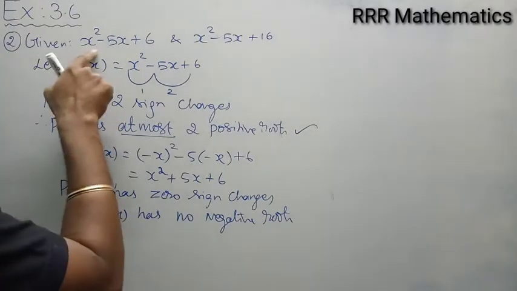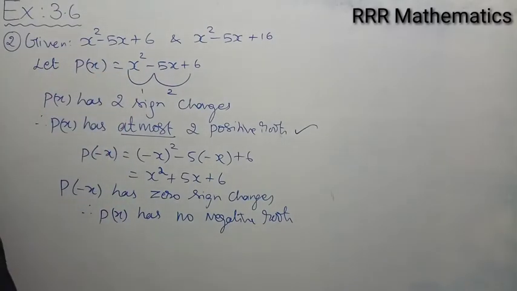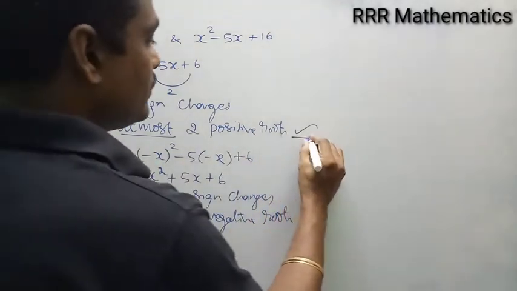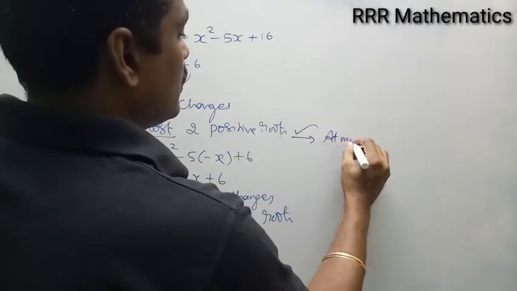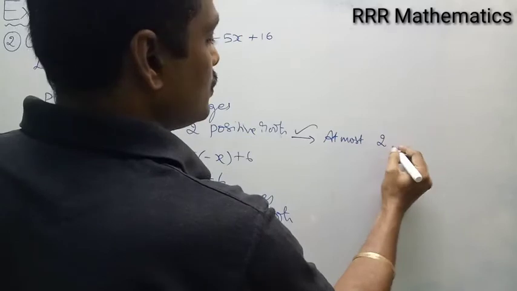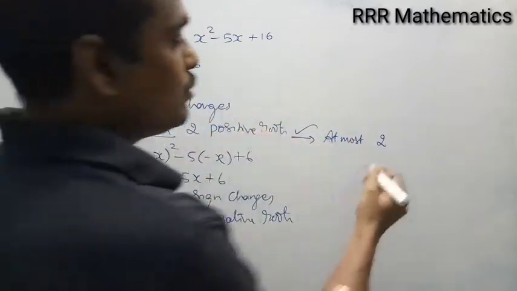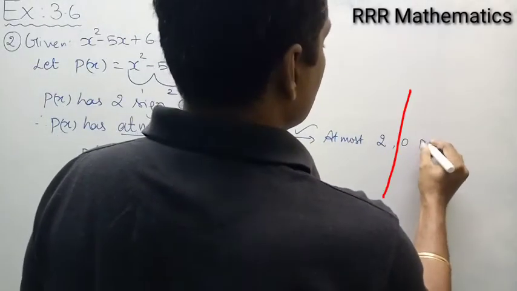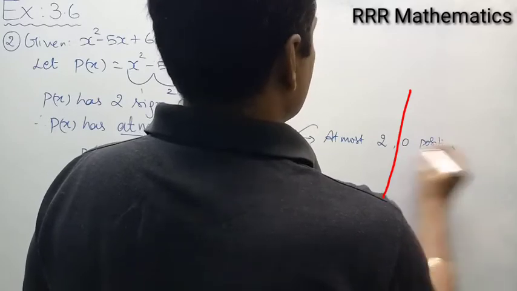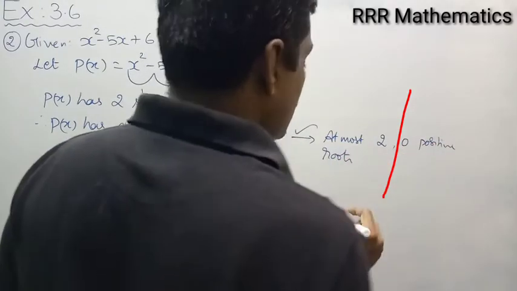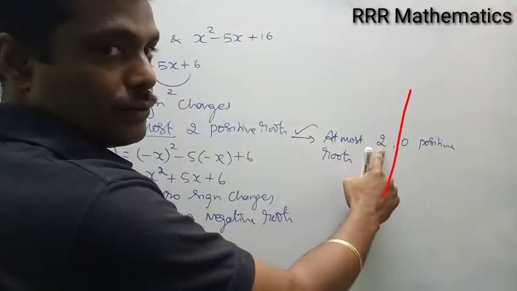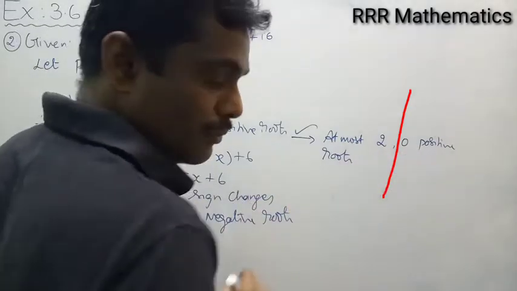Of course, the given equation is a quadratic one, so it has only two factors. It may have at most two positive roots, or 2 minus 2, that is 0 positive roots.